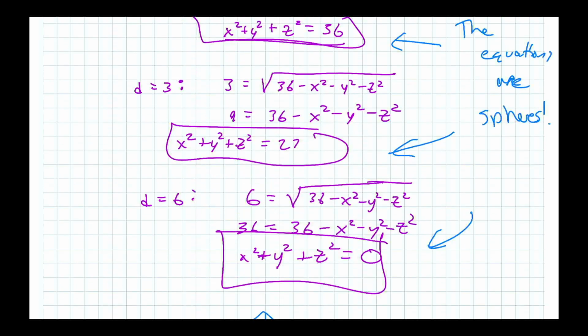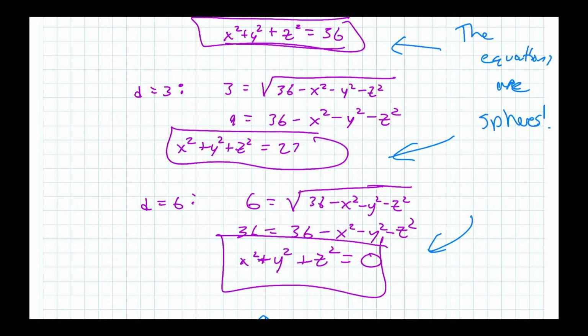Now, if you do the next one, x squared plus y squared plus z squared equals 27, that's also a sphere, but the radius is square root of 27. So you'd have to use a calculator to get that radius. That would be around 5.2, something like that.